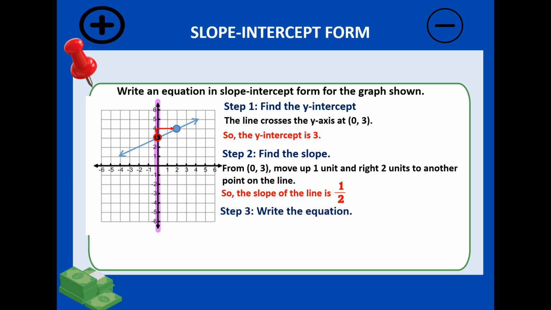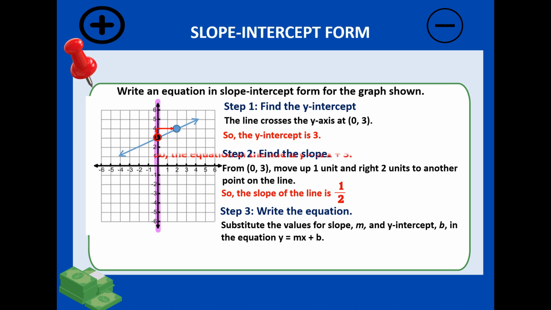Step 3, write the equation. Substitute the values for slope, which is 1/2, this is the m, and y-intercept b, which is 3, in the equation y = mx + b. Therefore, the equation of the line is y = 1/2 x + 3.